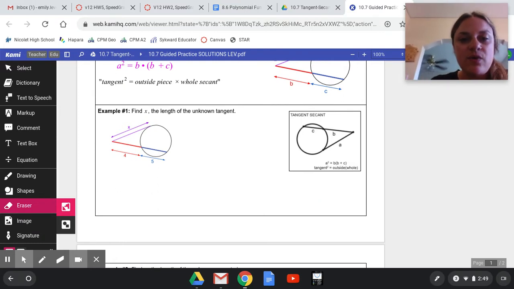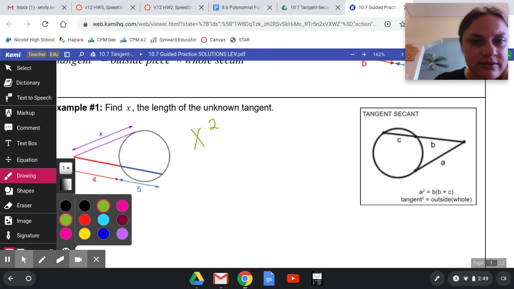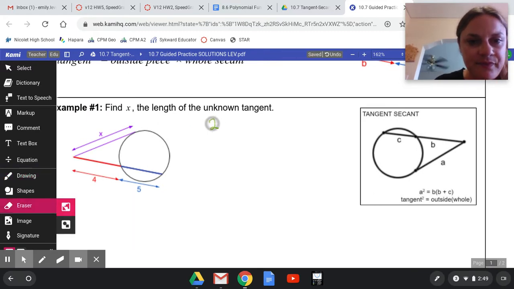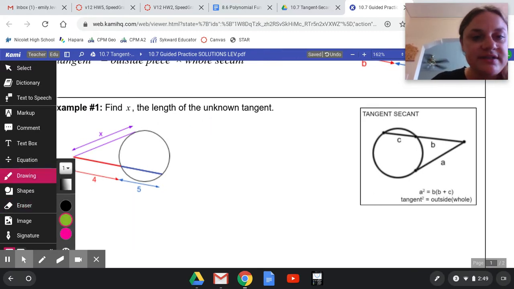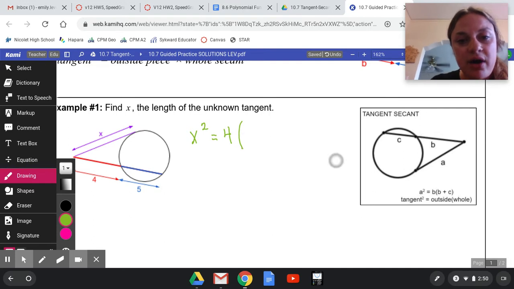First of all, it's going to be tangent part squared. So we've got x squared is equal to the outside part of the secant, which is 4, times the full part of the secant, which is 4 plus 5.